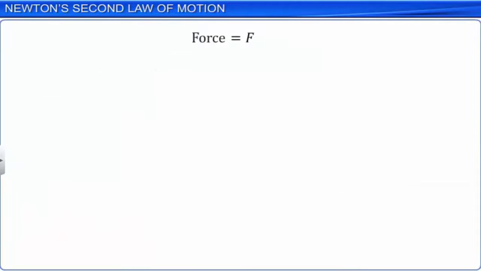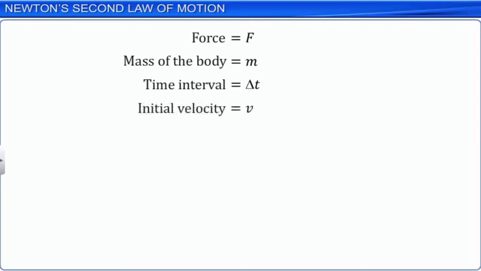Consider a force F being applied on a body of mass m for a time interval of delta t seconds. This results in change of velocity of the body from initial velocity v to final velocity v plus delta v.